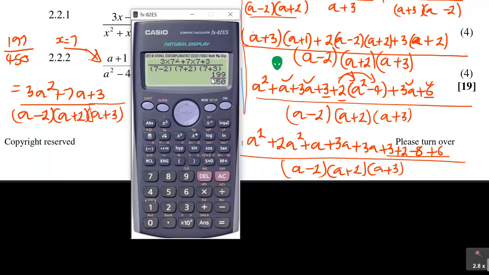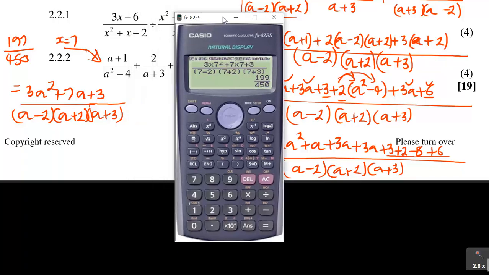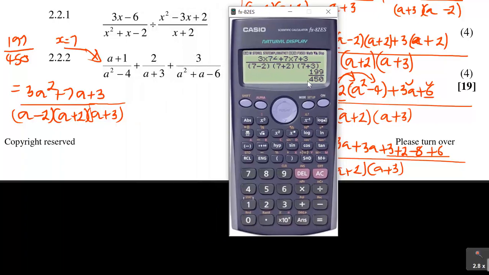So you see I'm getting 199 over 450, and this is what I got. It looks like 197, but it's 199 over 450. Let me check now the other one.